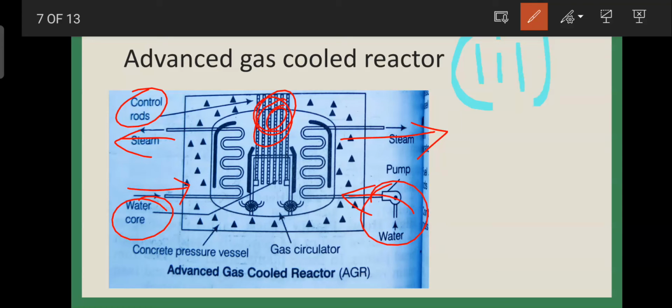And this is our gas circulator to circulate the gas, and this is our chamber where our chain reaction or fusion reaction will occur. And this is our concrete pressure vessel.